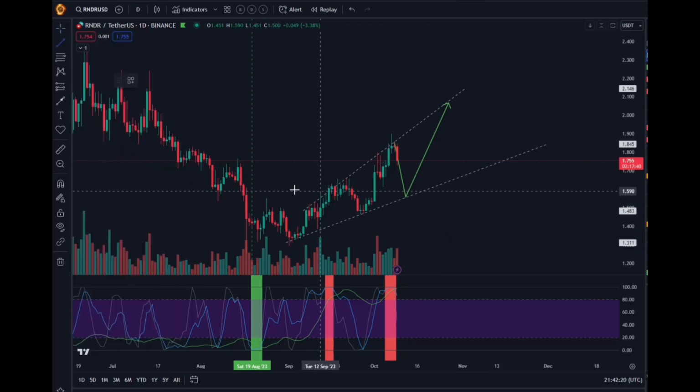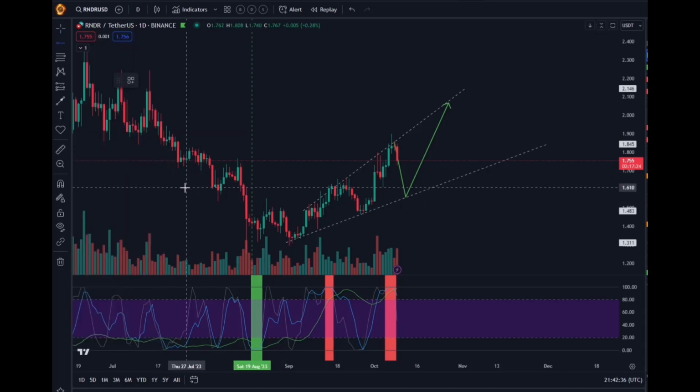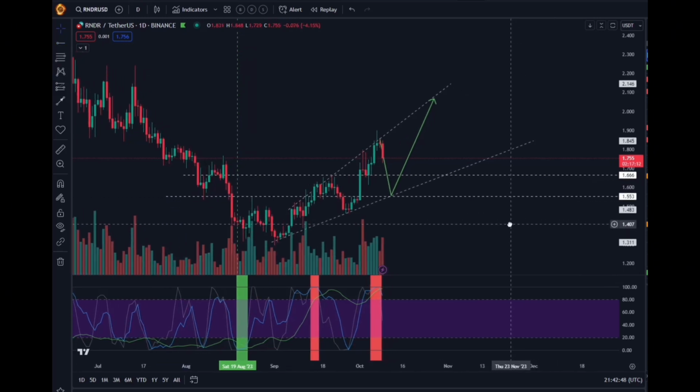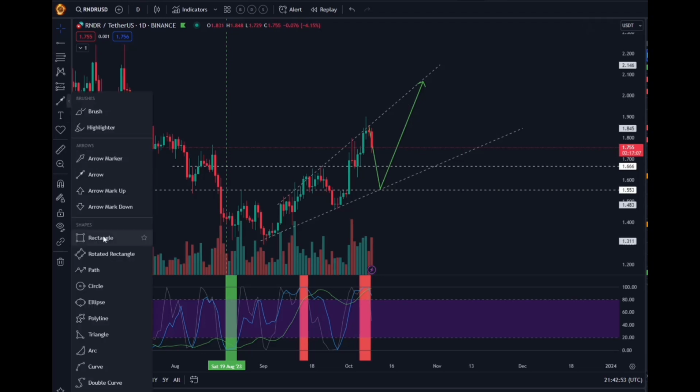At the same time, if I see a clear fake down while retesting a certain zone, that's the first scenario. The second scenario is, and for that we need to look at the support levels, like for example here or here. These are two support levels, and this could be actually a big box or a wide box.